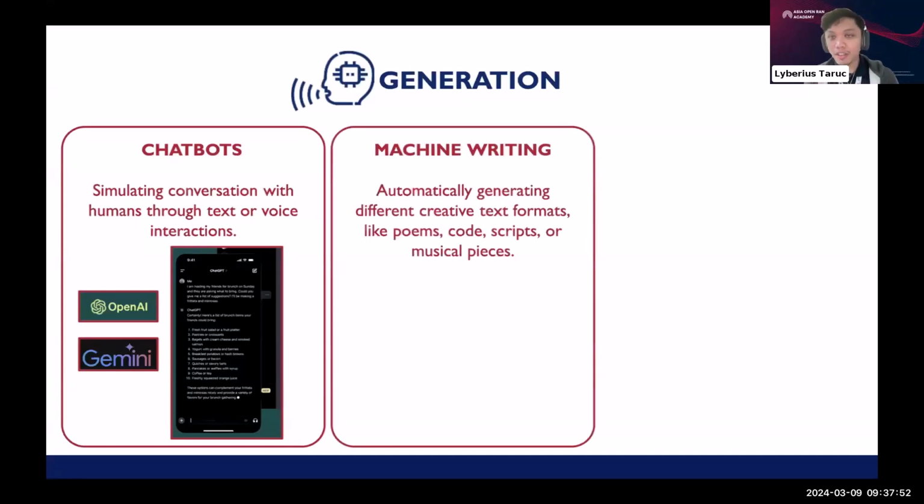Another example for generation is machine writing. Okay? An example of which would be text prompts for a generative AI, meaning you prompt that AI model to, say, generate an image for this. But if I were to make a more fitting example of machine writing, you can use AI to generate code if you are a programmer or a developer.